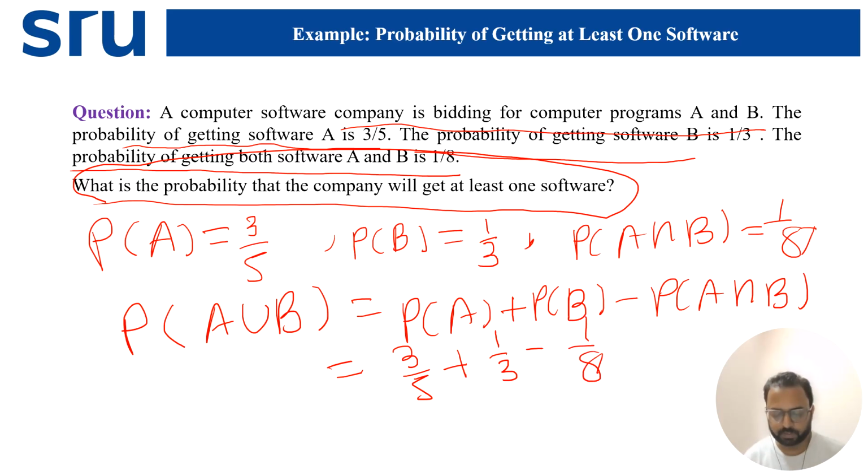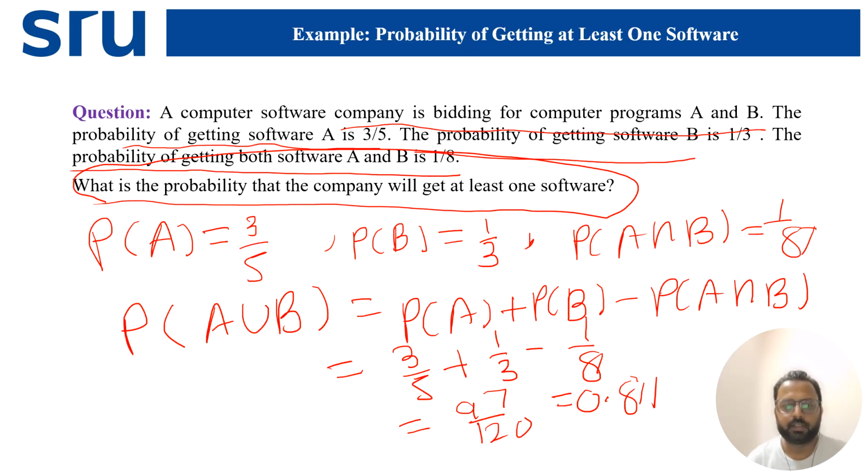By simplifying we get 97 by 120, which is 0.81. So the probability of getting at least one software, A or B, is 0.81. This is the required answer.